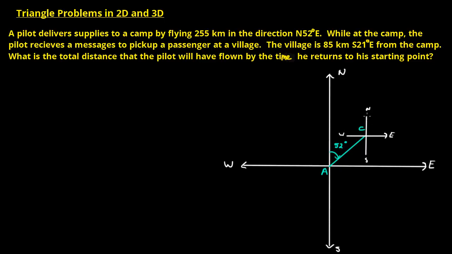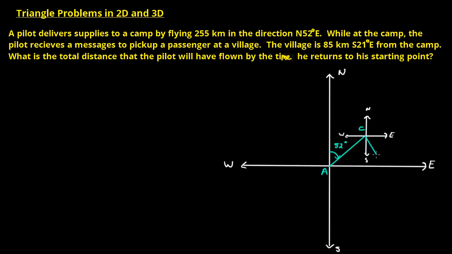Okay, so let's think about what we're told here. We're told that the village is 85 kilometers south, 21 degrees east. So we're going to go 85 kilometers south, 21 degrees east.